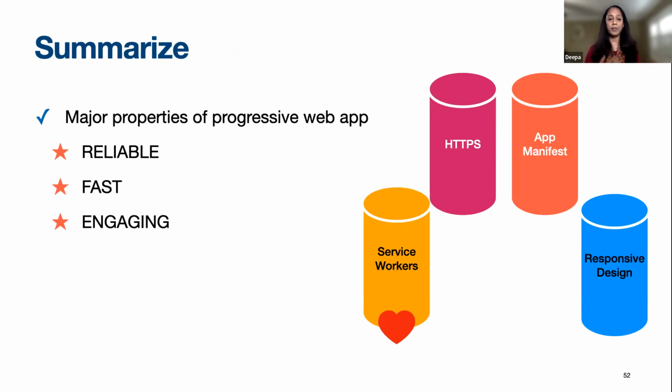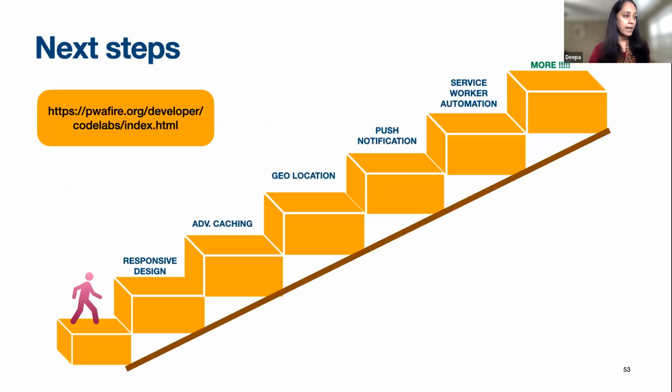They should be fast, reliable, installable, capable, and engaging, right? These are the properties of progressive web apps. We talked about service worker and app manifest, and something you can figure out is the HTTPS one and the progressive design.